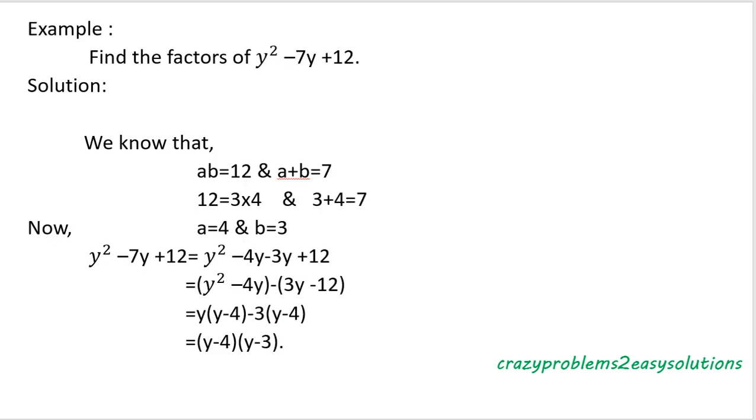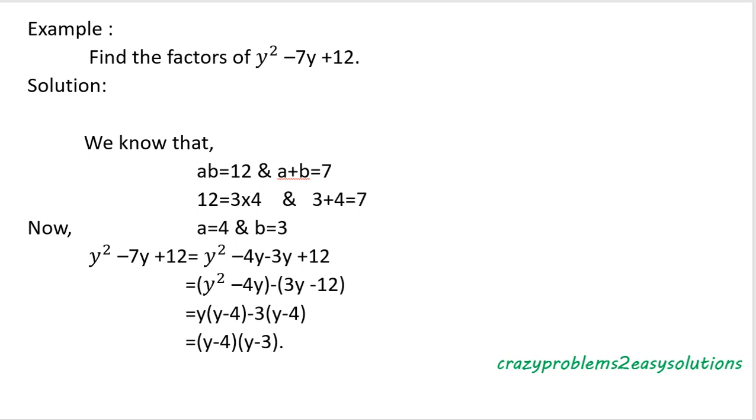For example, find the factors of y square minus 7y plus 12. We know ab, which is q, is the product of two terms, that is 12, and a plus b is minus 7. So we consider 7 and then put the minus outside. Which numbers multiply to 12? 3 into 4.